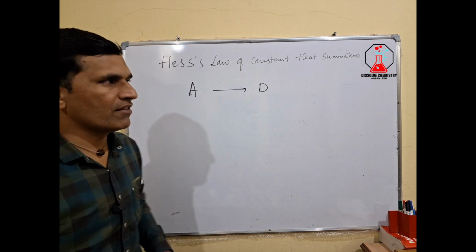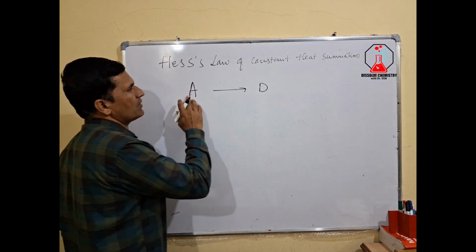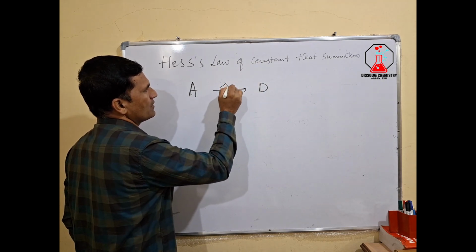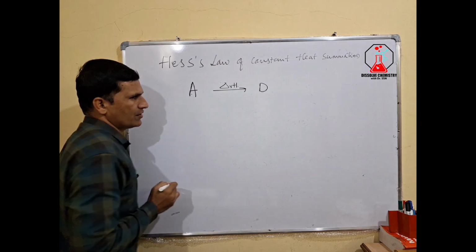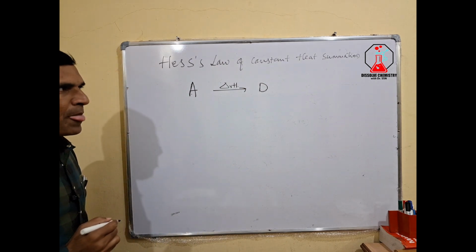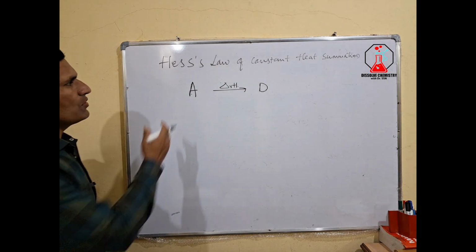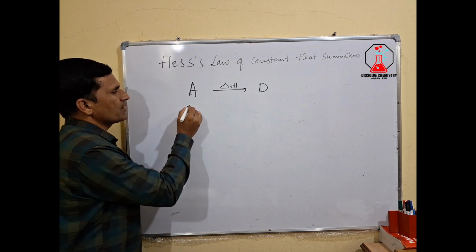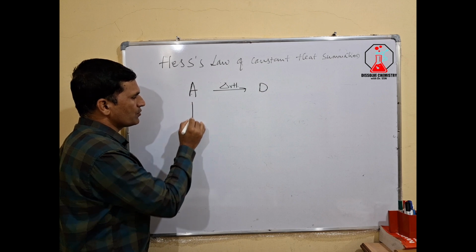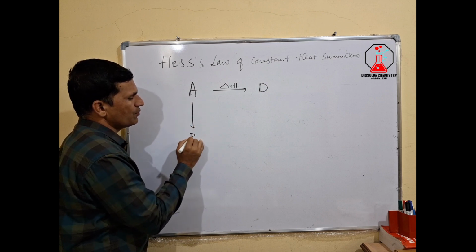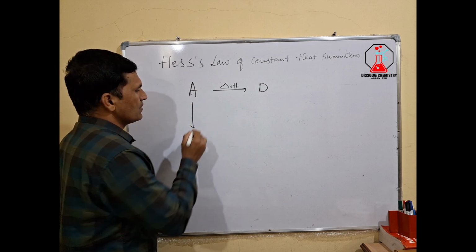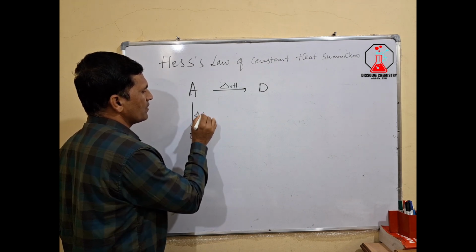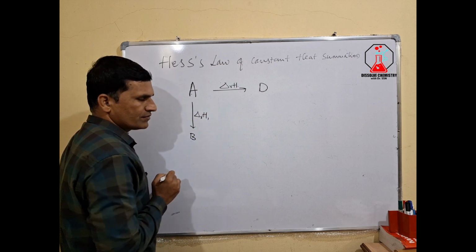If I convert A to D in a single step, we call it the enthalpy of reaction. If I carry out the same thing in multiple steps, for example converting A to B, we call it the enthalpy of reaction 1.